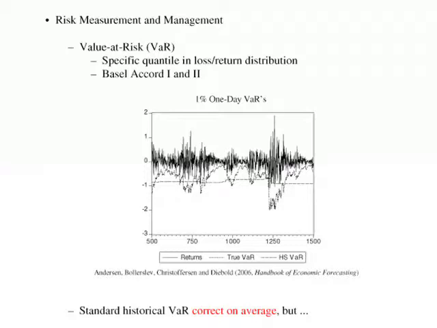If you do that, you'll get the value at risk given by that very slow-moving, solid bottom line there. Now, it's clear that that line, on average, is going to be correct. But it's also clear from the picture that sometimes that line is way too conservative, and sometimes that line really misses the point in terms of how much value at risk there really is.